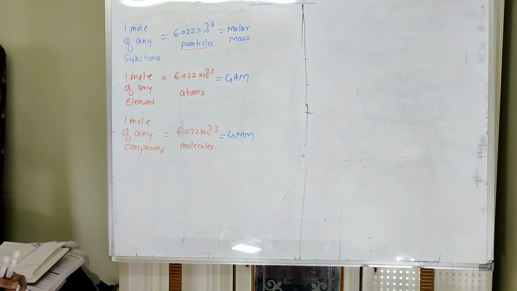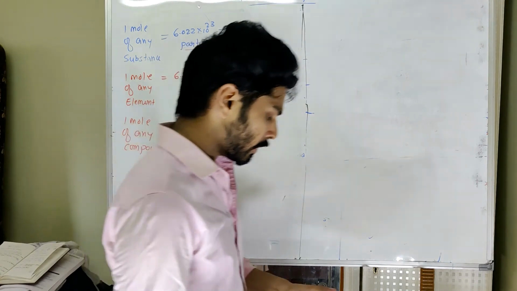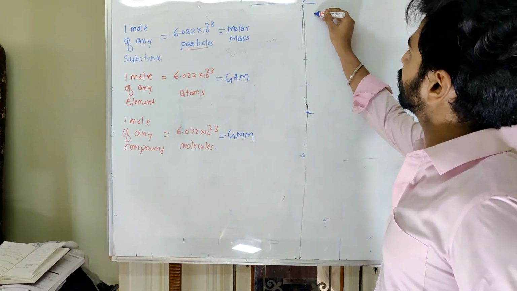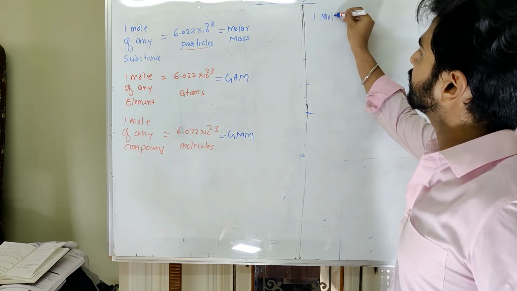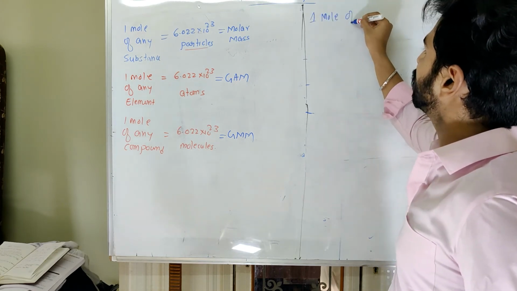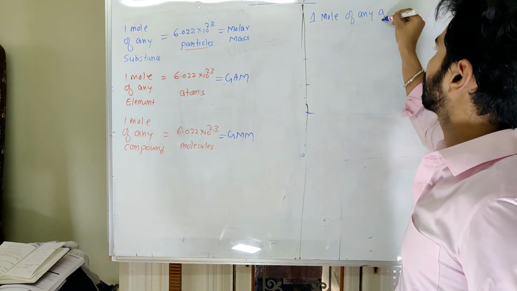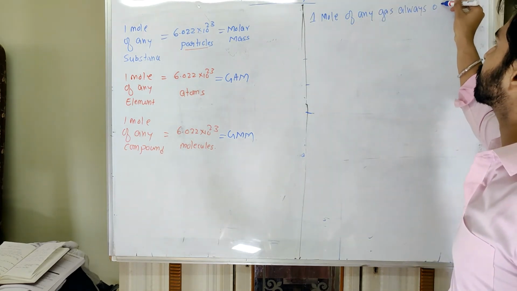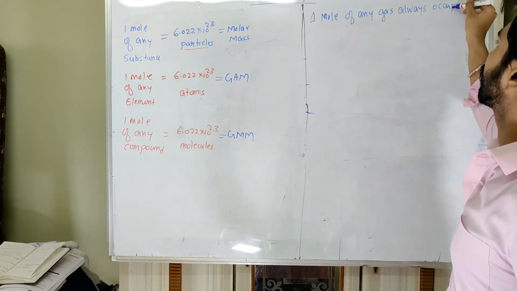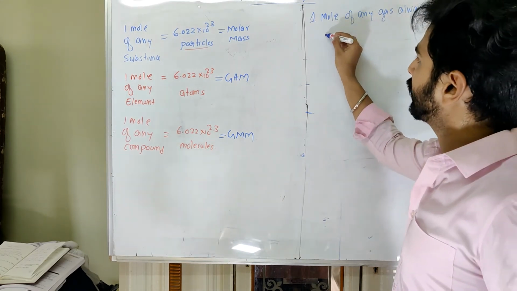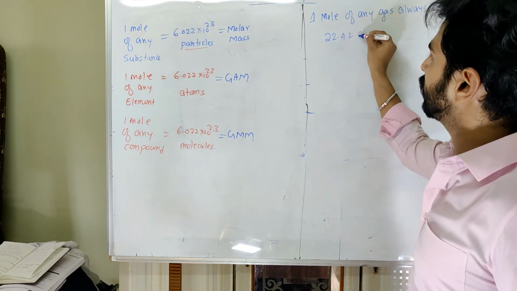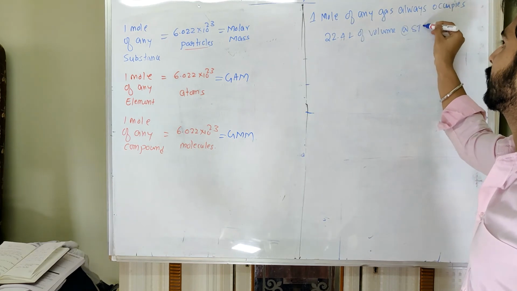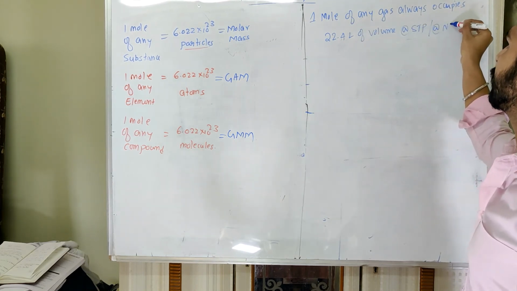Now one more thing you have to remember. We are just taking this from some other topic, so remember this as it is. We'll be understanding why it is that 1 mole of any gas always occupies 22.4 liter of volume at STP or at NTP.